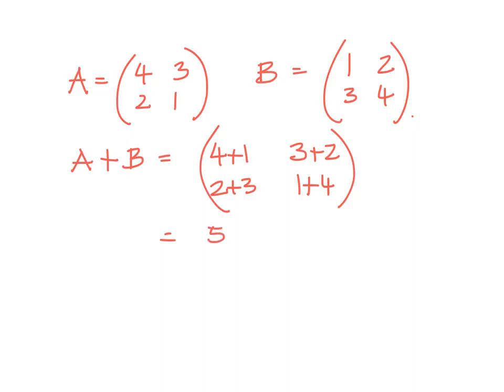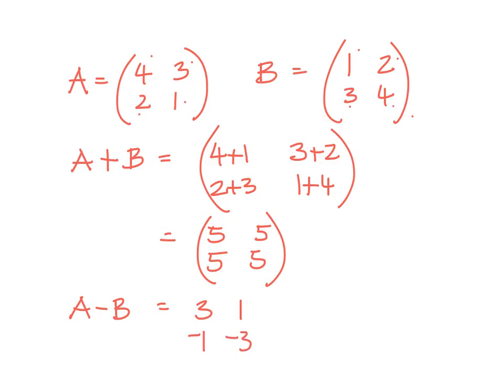But the big issues, as I've already discussed, are that if you are going to add together two matrices, or subtract one matrix from another, so if I'm going to do A minus B, I'm going to have 4 minus 1, which is 3. I'm going to have 3 minus 2, which is 1. I'm going to have 2 minus 3, which is minus 1. I'm going to have 1 minus 4, which is minus 3.